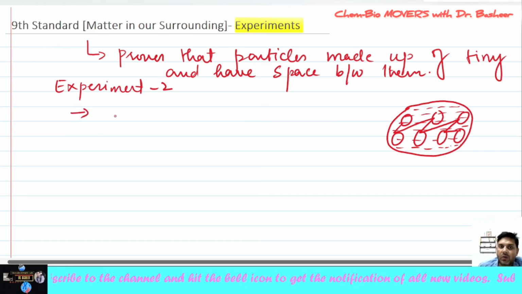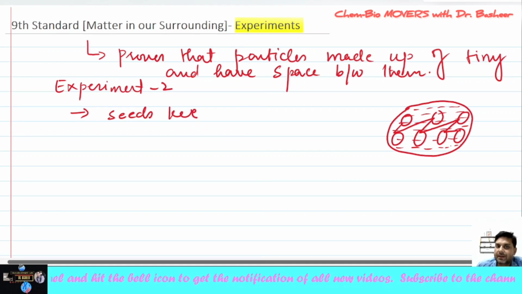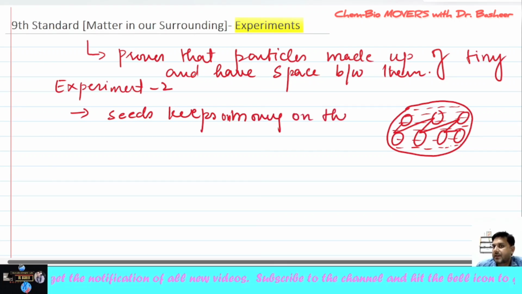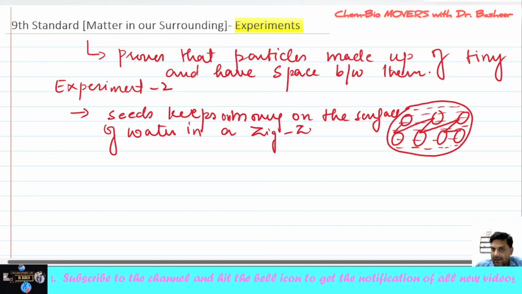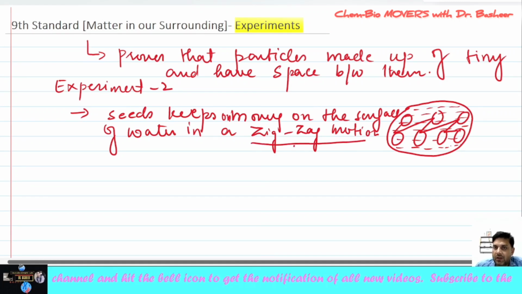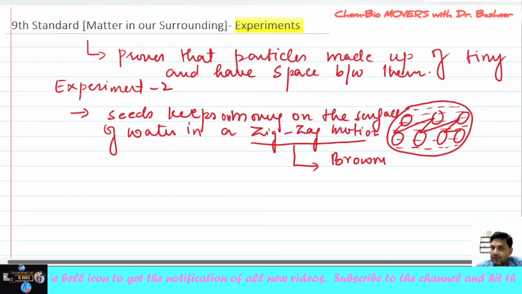So what you will find out? Seeds keep on moving on the surface of water in a zigzag motion, and this zigzag motion is also known as Brownian motion.